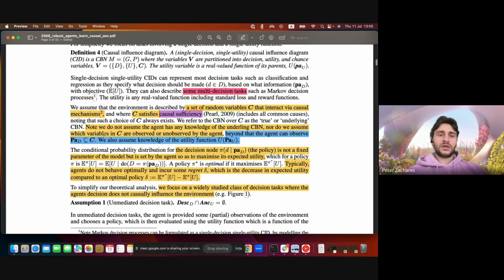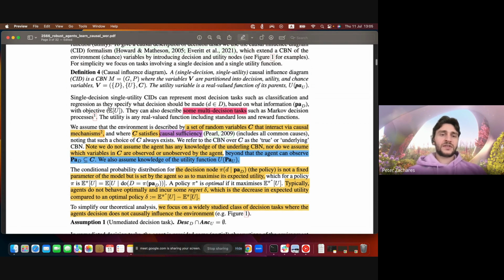Your goal is to maximize your expected utility. For every policy, if you know the variables, you can calculate the expected utility. That's what this is saying here, and it's short form for the expected value of U given that you're using pi. And so the optimal policy pi star is the one that maximizes the expected value of U in the causal model of your world.